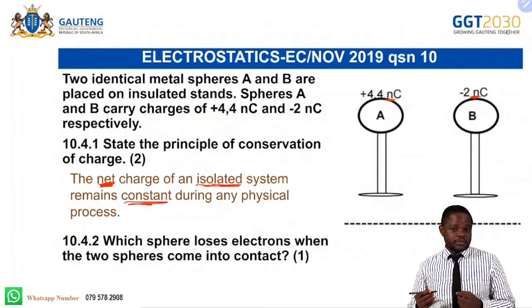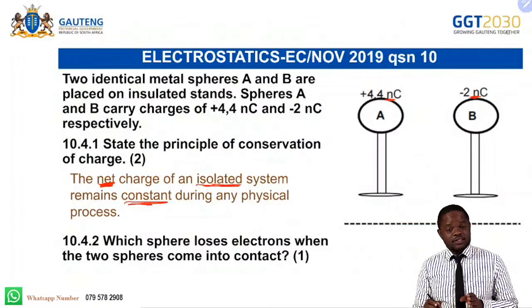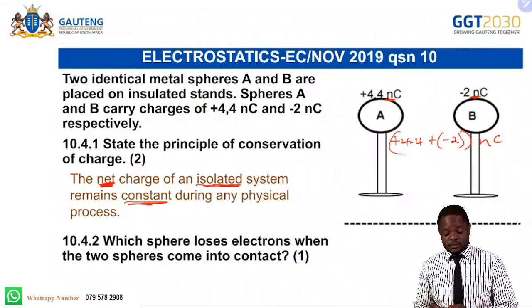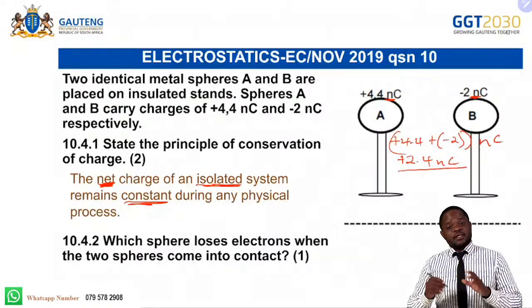Remember, nanocoulombs is 10 to the power negative 9. So if you wanted the net charge, you're just adding plus 4,4 plus minus 2, and we're saying these are nanocoulombs, and you get plus 2,4 nanocoulombs. That is the net charge.